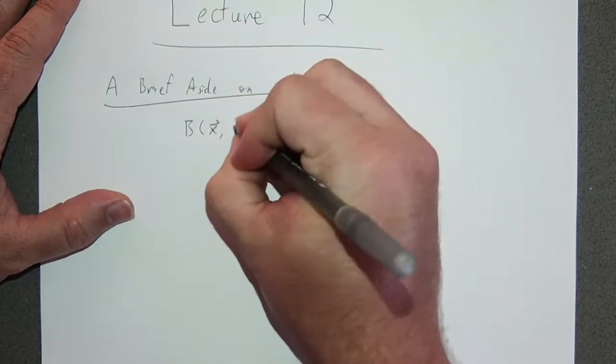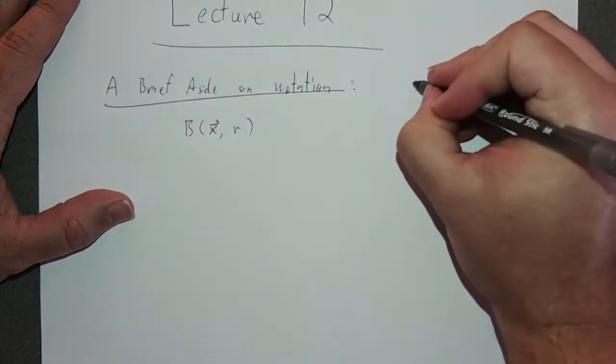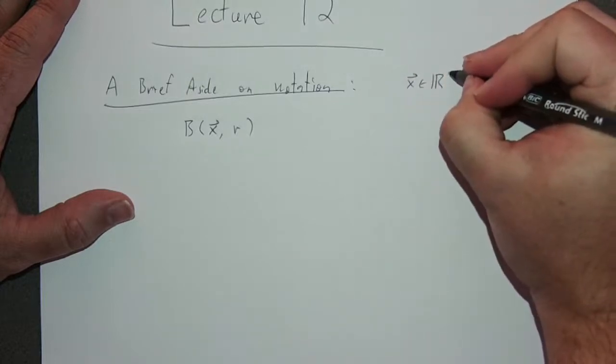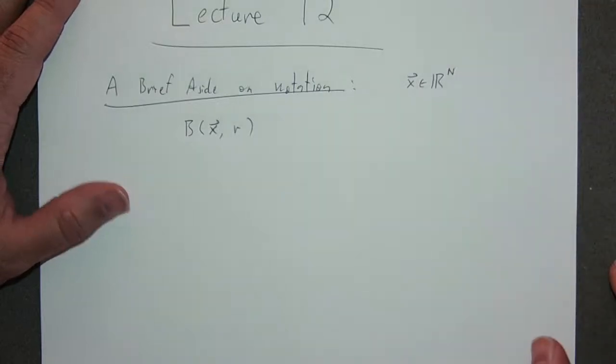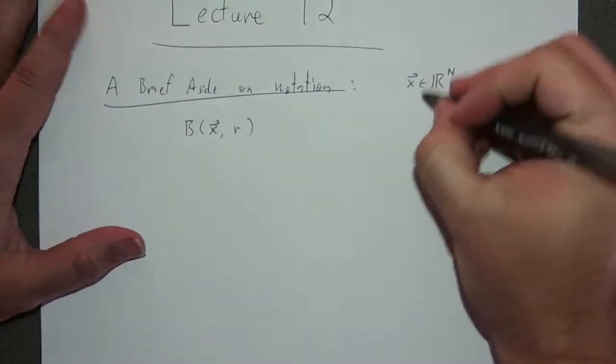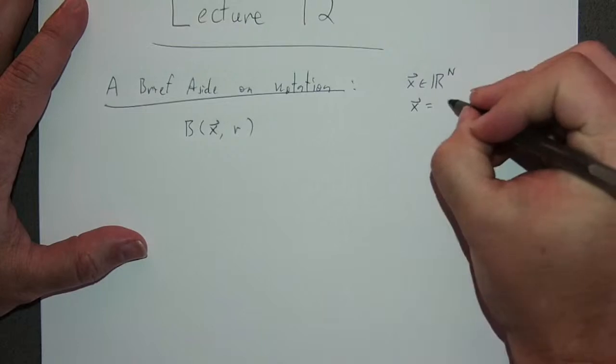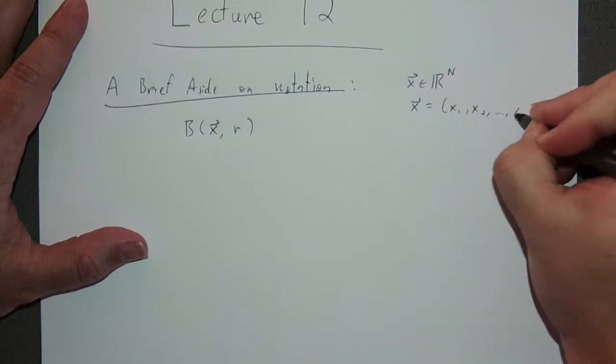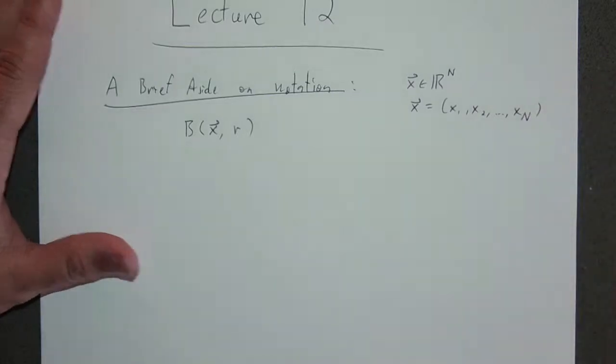Let's say that x is a vector or point in Rn. So x is an n-tuple of real numbers.